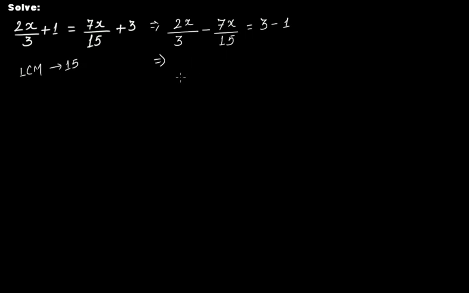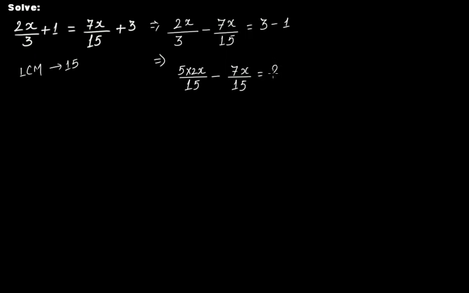The LCM will be 15. Now if you want the LCM as 15, write 15, divide 15 by 3, you get 5 as the quotient. So this becomes 5 times 2x minus, you already have 15 here, so simply write 7x.